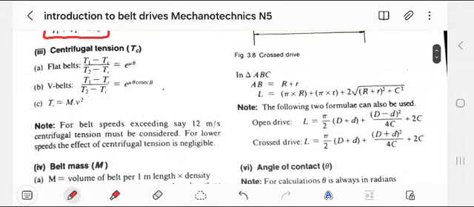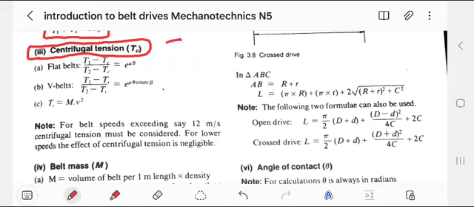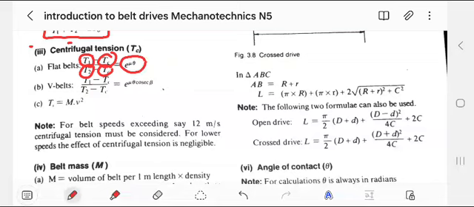Then we have the centrifugal tension, denoted by Tc with a small c. If we're dealing with flat belts, we have T1 minus Tc over T2 minus Tc equal to e raised to the power of mu theta. But if we have V belts, we consider the angle of groove.